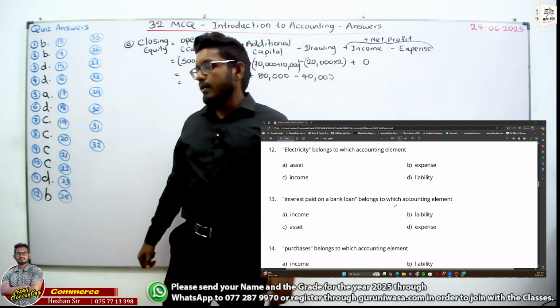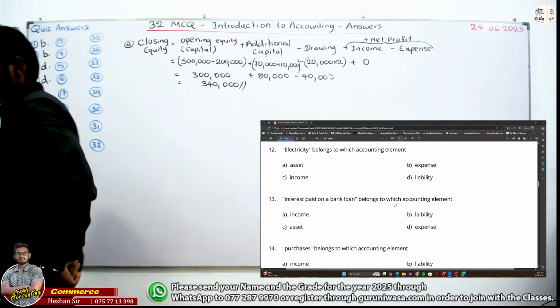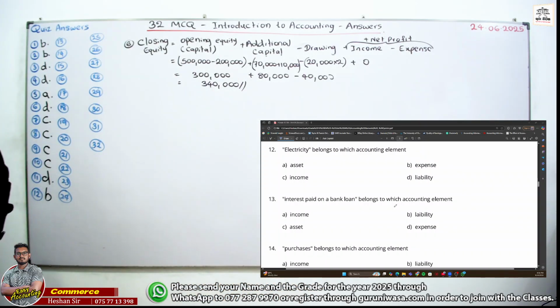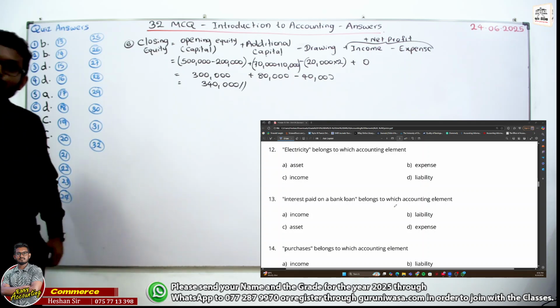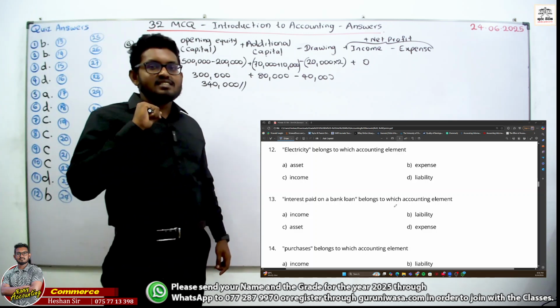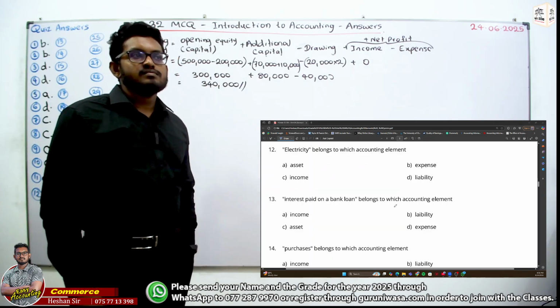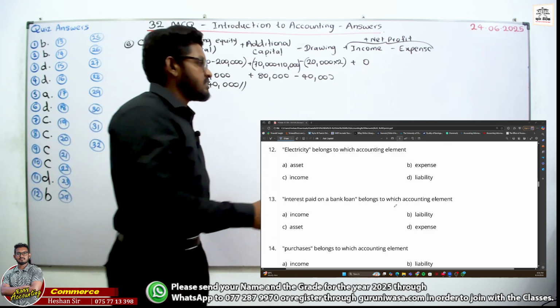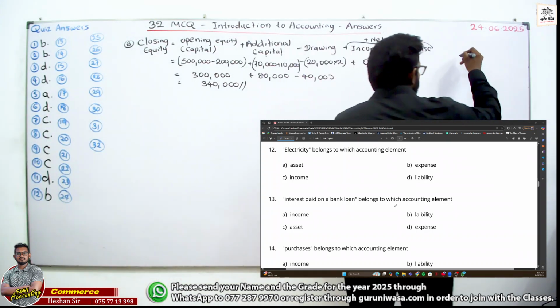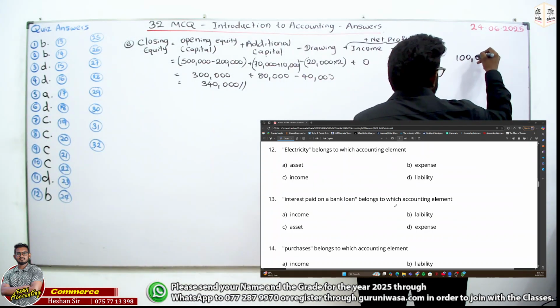Interest paid on bank loan belongs to? Liability. Bank loan is a liability. Bank loan interest? Expense. Now think, you have obtained a 100,000 bank loan.